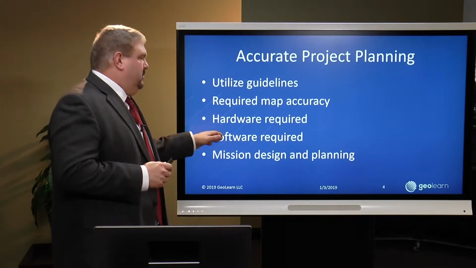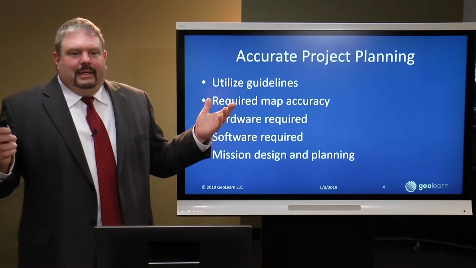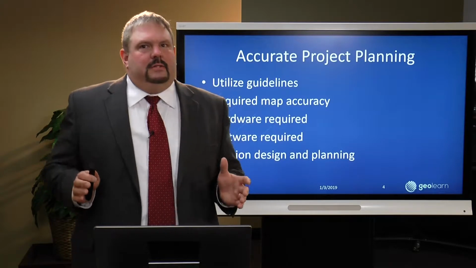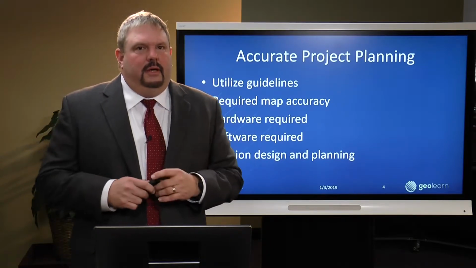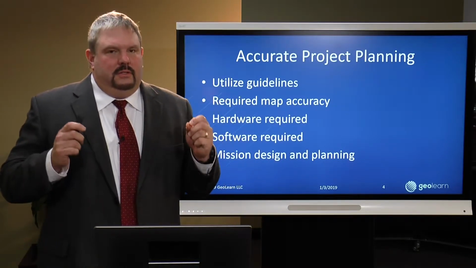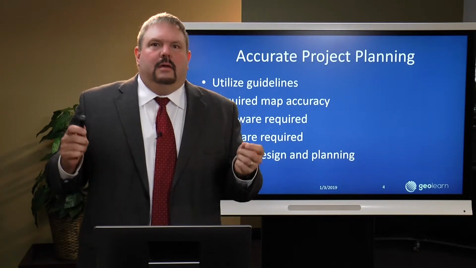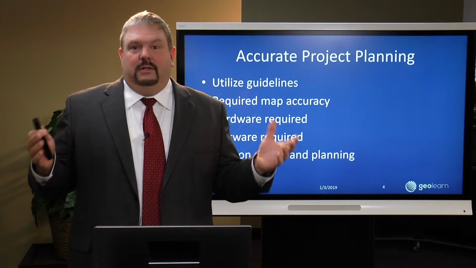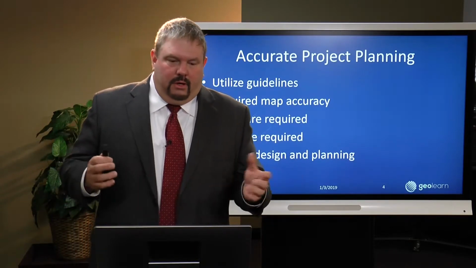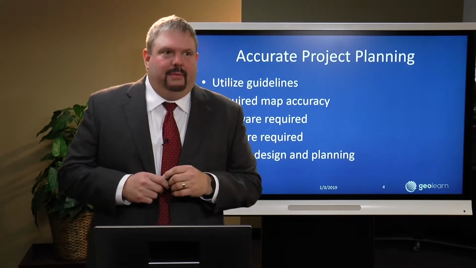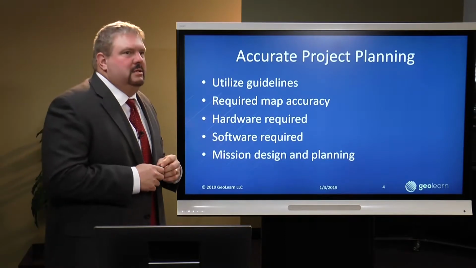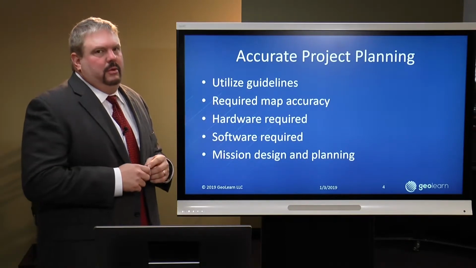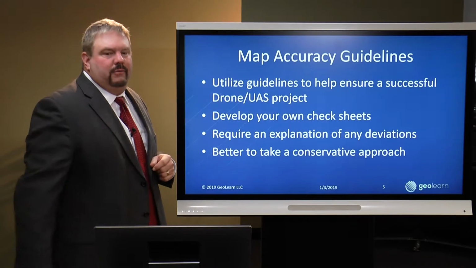And then I say software required because, if you sat in on the other sessions and even as discussed here coming up, you will find out that software matters. Everyone has different ways of addressing this, this being the computer vision or photogrammetry processing, so we'll have some examples of that coming up. And again, ending with mission design and planning, to be able to do an accurate project and have the guidelines for it.